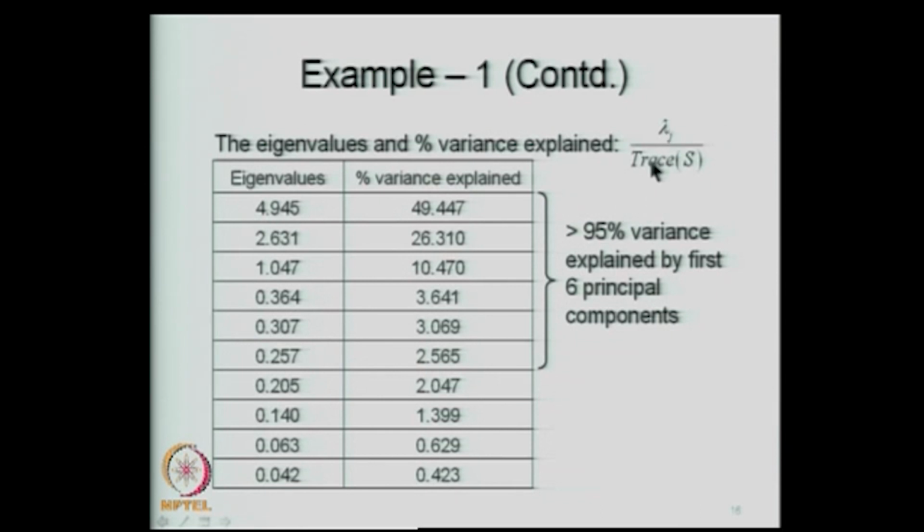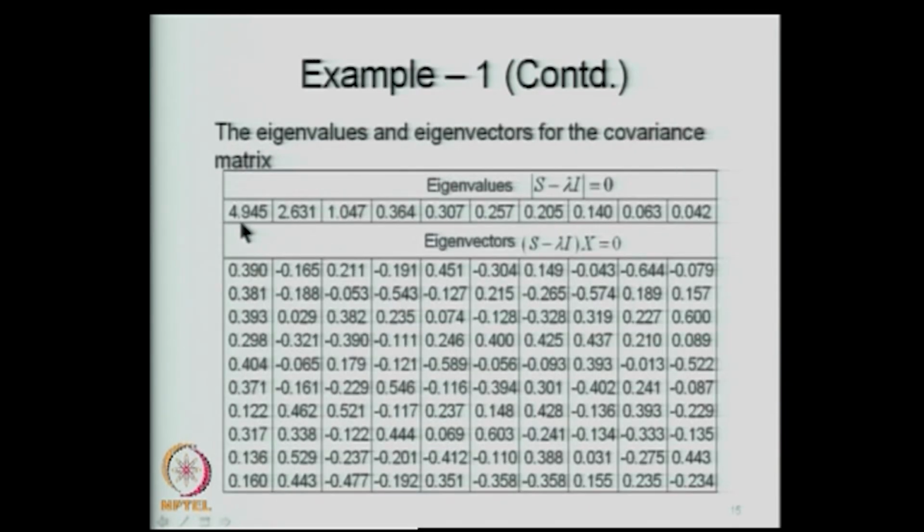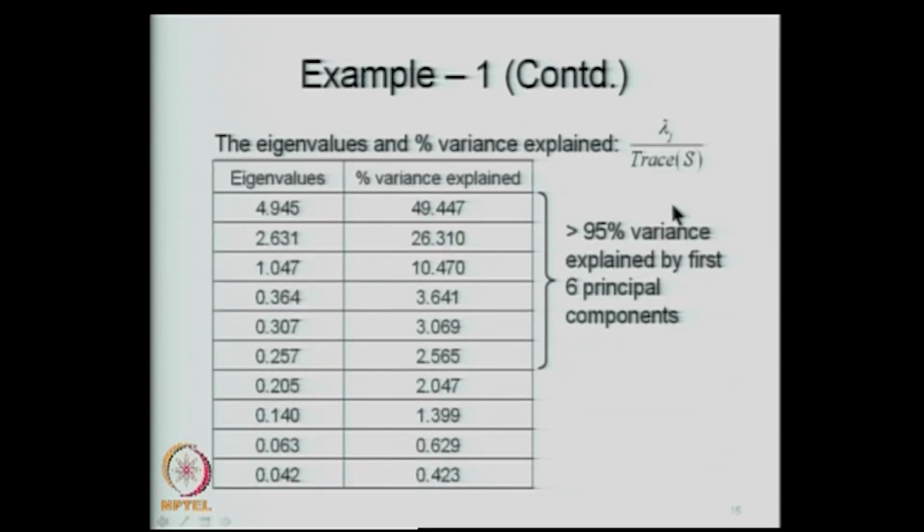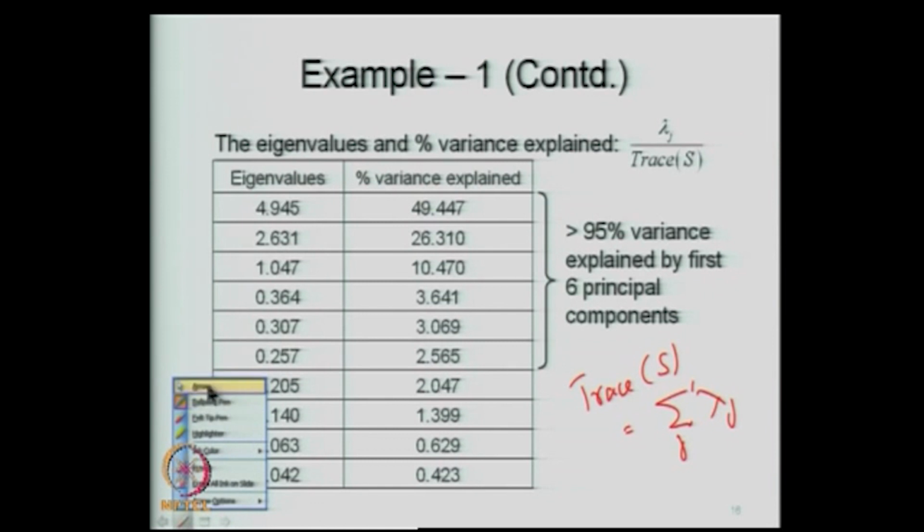So, I will get lambda j by trace S, where trace S is simply the summation of all the eigenvalues, that is this plus this plus this plus etcetera. If you recall from your last lecture, we write trace S is equal to the summation of lambda j over j, all the eigenvalues, and we get the percentage variance explained by a particular eigenvector by using this on the associated lambda j.